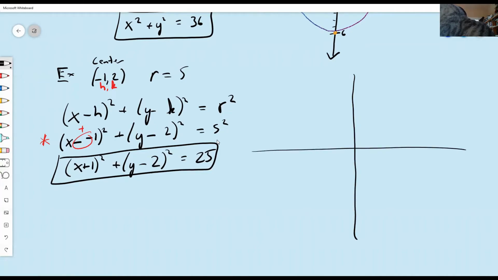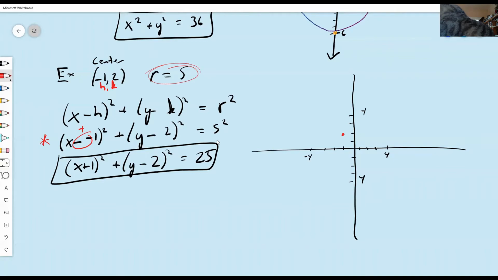So my center is minus 1, 2, so minus 1, up 2 puts me somewhere in that neighborhood. And from there, my radius is 5, so I want to go up 5, right 5, down 5, left 5.